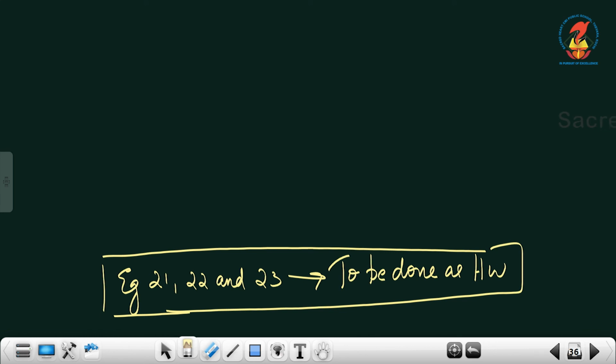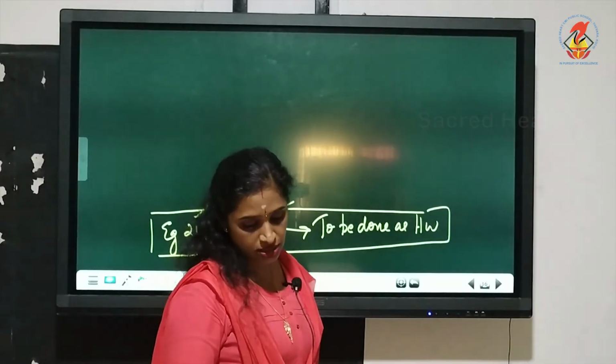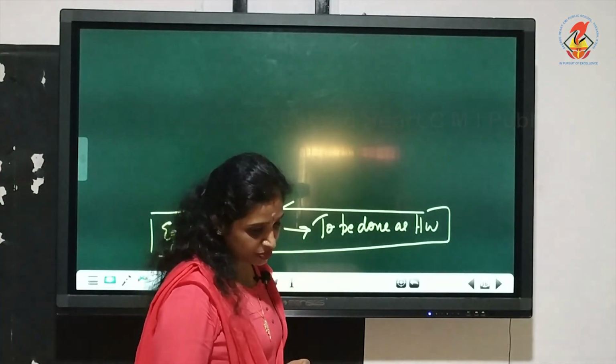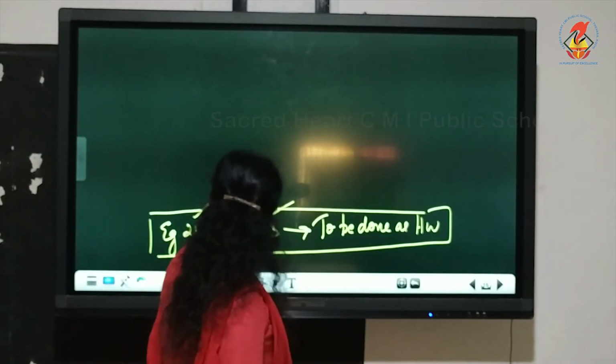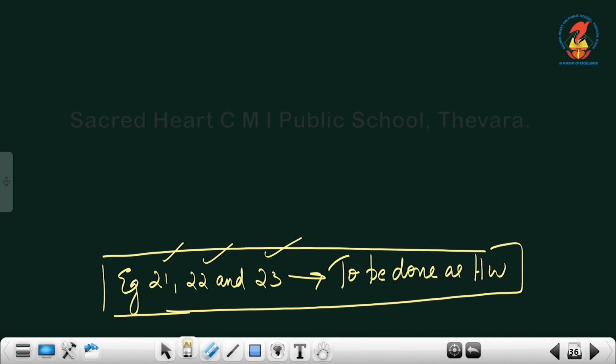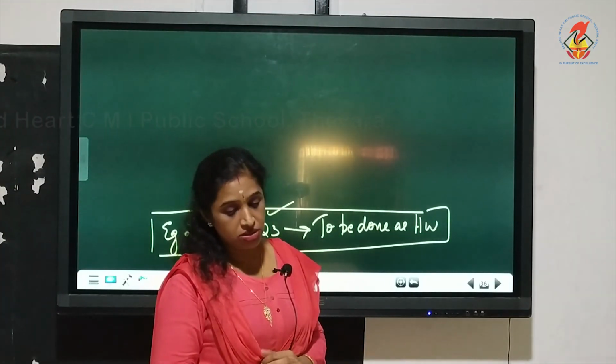Now you have to do examples 21, 22 and 23 as homework. Please make a note of it. Example number 22 is a table for you, and you have to solve that table. It is a lengthy table.